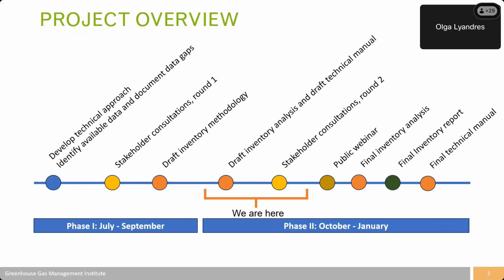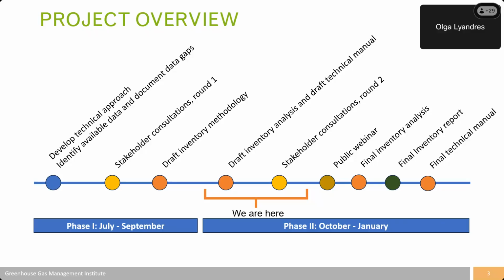So here's a quick overview of the timeline. This is an incredibly fast-paced project, and we broke it into 2 phases. From July to September was the first phase, which we wrapped up, included primarily developing the approach, identifying all available data sets that we could apply that come from the state especially, and going through a round 1 of stakeholder consultations, based on that, drafting the inventory methodology.